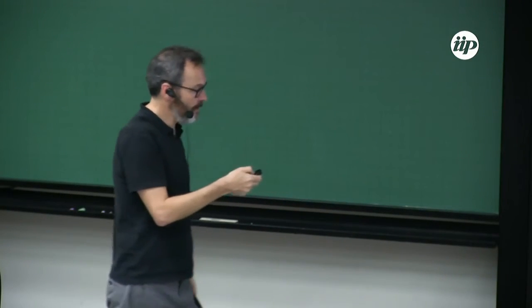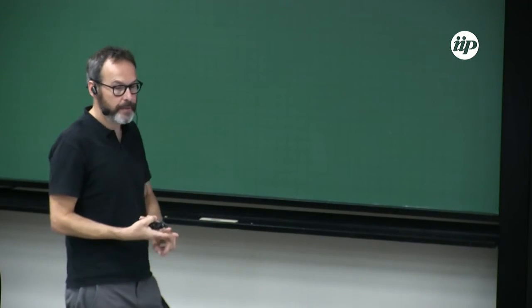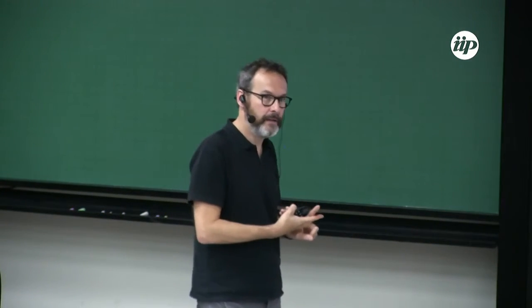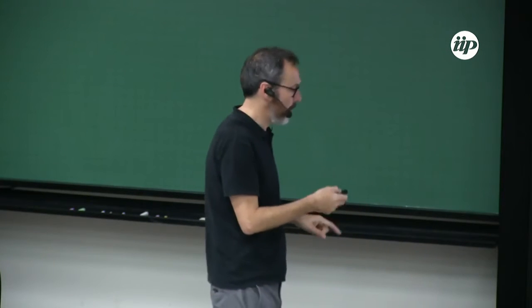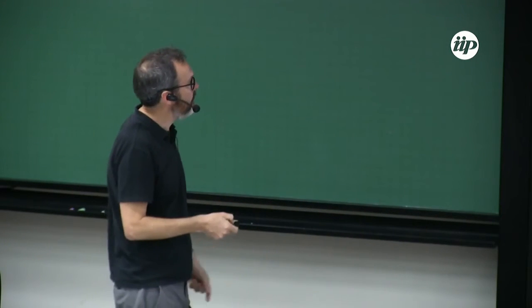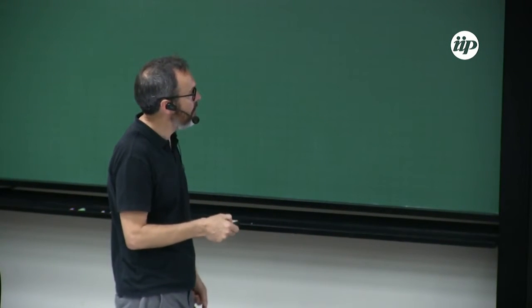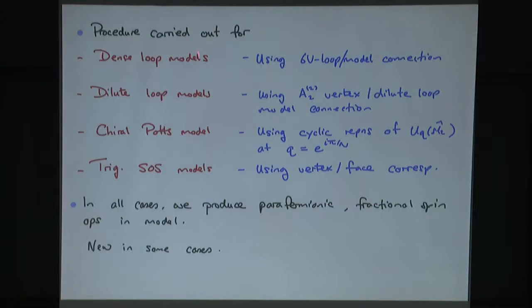So for the dense loop models, there's a connection between the 6 vertex model and an O(n) loop model. So we mapped these currents across under that connection, and we ended up with these non-local operators in the loop models. And you can do it for dilute models, and then you change the algebra. It's A2^(2) that is the underlying algebra for the R matrix, and you can do the same.